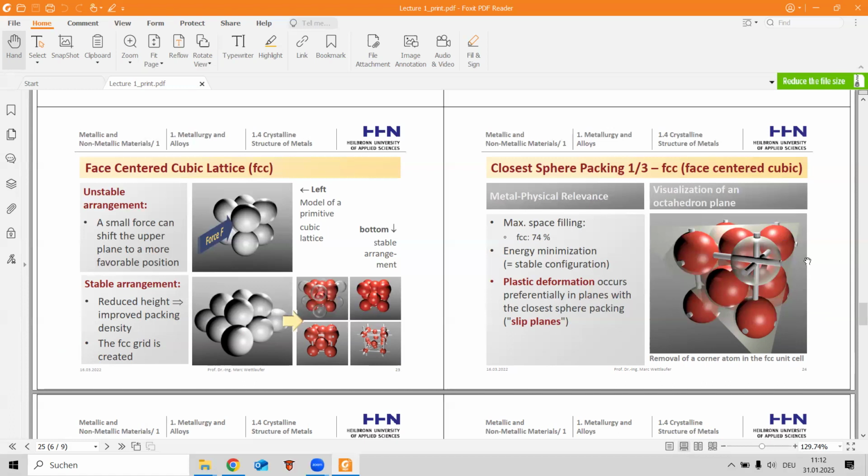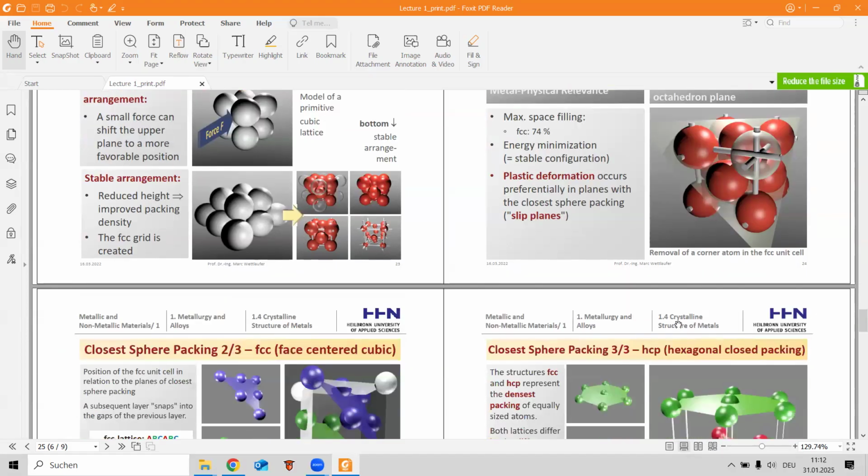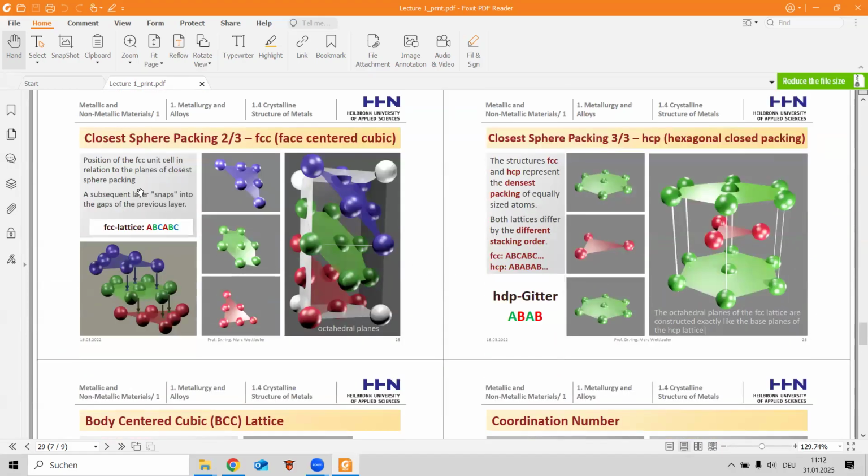Here's a cube and this diagonal plane. Slip removal of a corner atom in the FCC unit cell. So the closest sphere packing in FCC will continue.